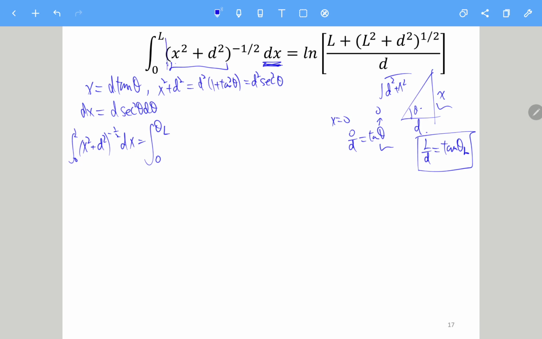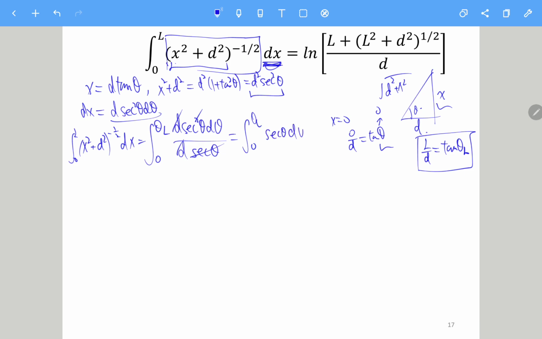Then x squared plus d squared is this one, and we take the square root, so it becomes d times secant theta to the negative 1. So we put it in the denominator, d times secant theta. And dx is d secant squared theta d theta. So d and d cancel, and the secant squared cancels with this, so it becomes the integration from 0 to theta L of secant theta d theta.